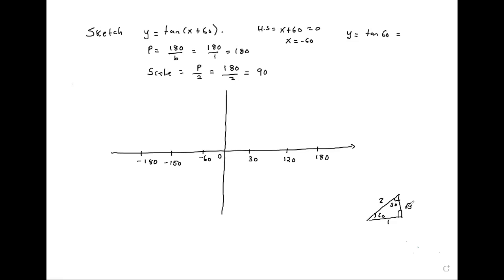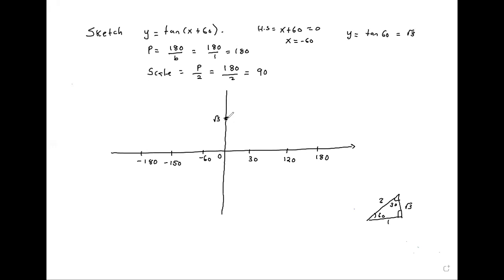Tan is opposite over adjacent. So opposite is root 3 over adjacent, which is 1. So we have root 3 there at 0, and root 3 is bigger than 1.